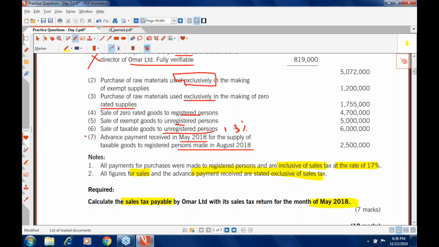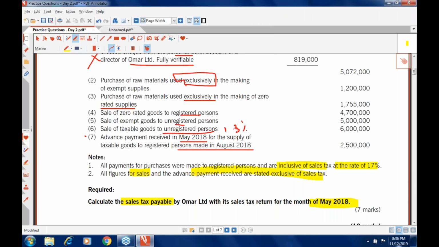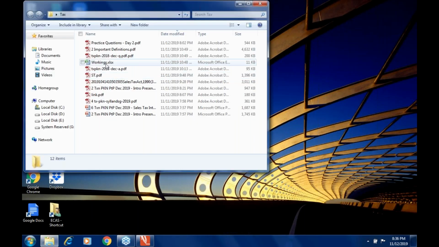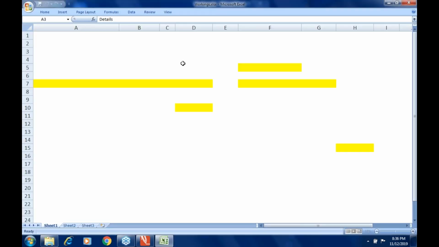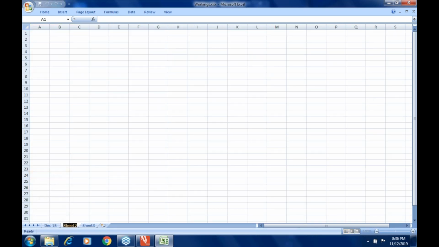Now let's try to understand how we would go about it. In yesterday's session, I also discussed this, that this is how we are going to do the workings for this sales tax. Yesterday was the December 18 paper, and now it's actually the June 18 exam question.